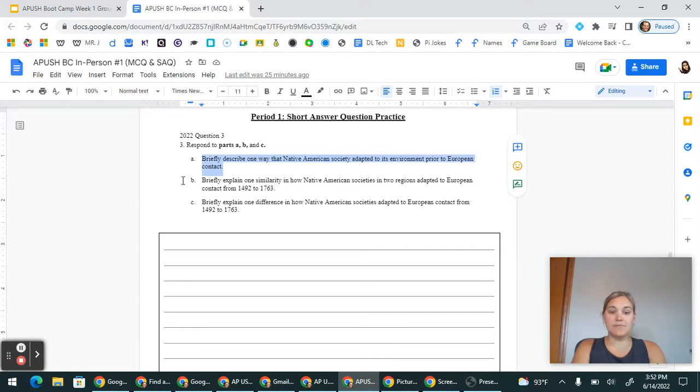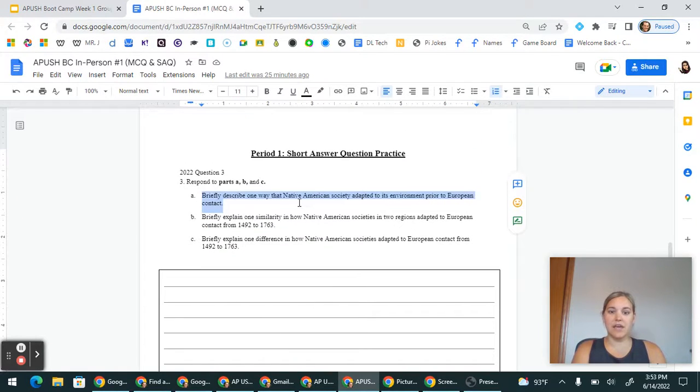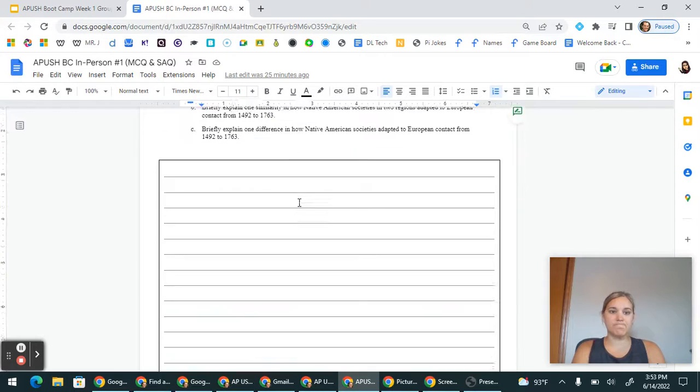Briefly describe one way that Native American society adapted to its environment prior to European contact. You can see how closely aligned that is to our objective this week. If you have time, fill in a couple of lines, 2 to 3 sentences, and try to be really specific here.